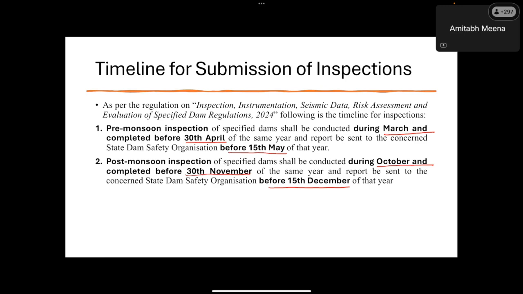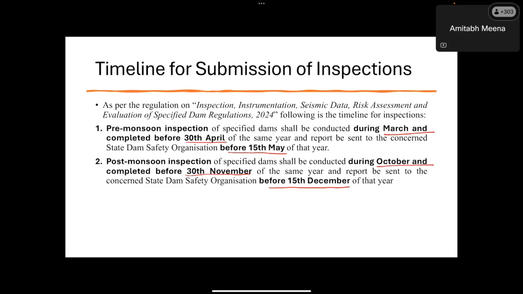because the time gap is very little in case of states which receive the retreating monsoon as well. The monsoon ends around September end, and then they have October, November. Sometimes the retreating monsoon comes early also, so they have to be a little cautious and prudent, and they have to complete the regular post monsoon inspection within October and November.